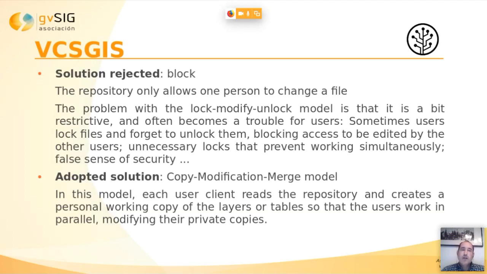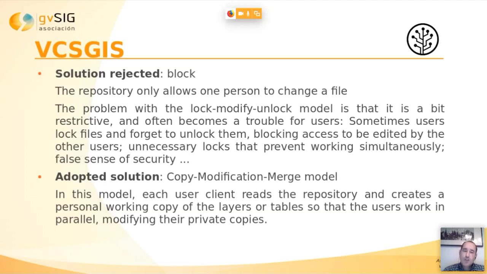Only one user, and there were problems when sometimes users lock the files and forget to unlock them. So the other users couldn't work during that time. They could be several hours without working because the file was locked.